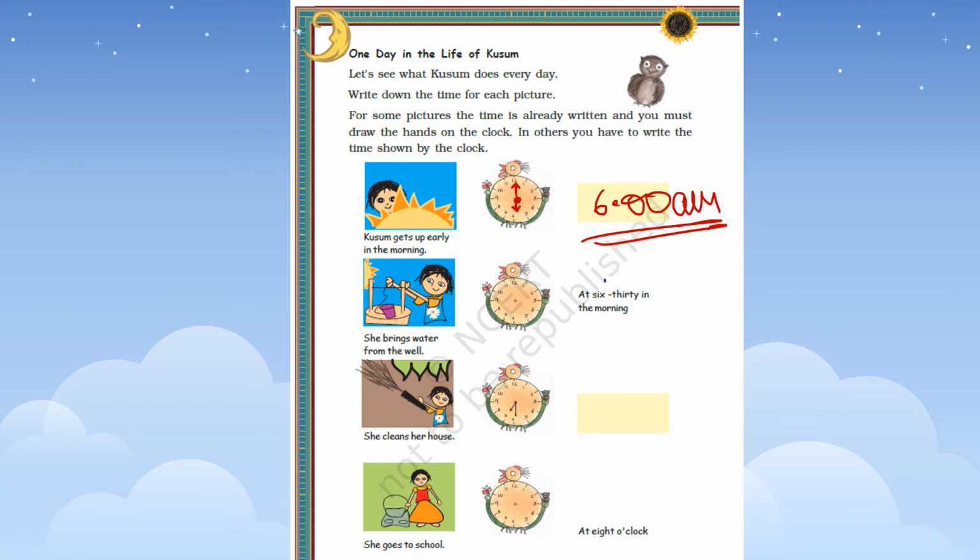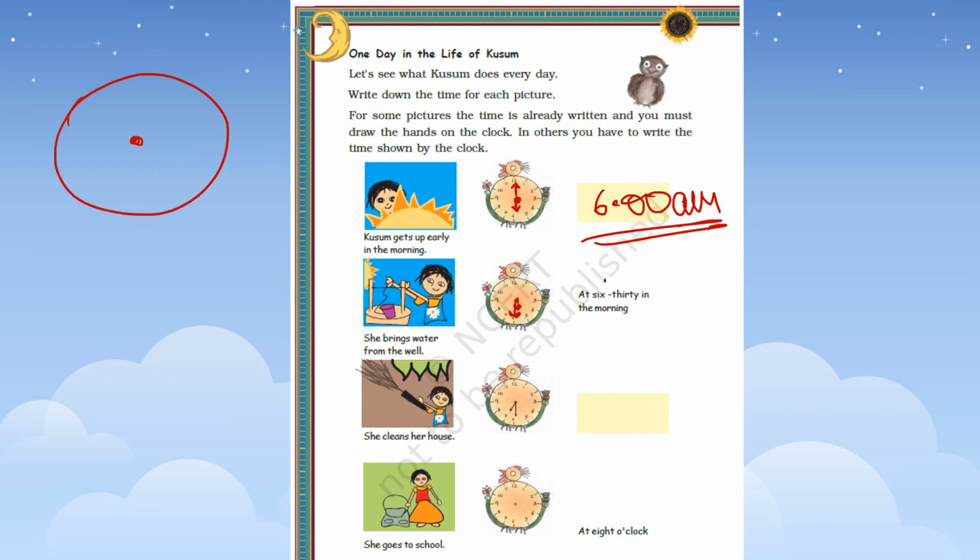Now, at 6:30 in the morning, she brings water from the well. She's so hardworking, right? We need everything on bed, but Kusum does everything on her own. So the hour hand will be at 6, and the minute hand will also be around 6.